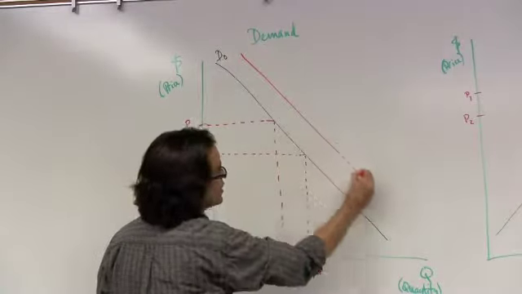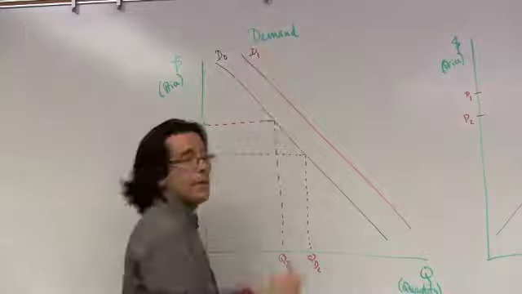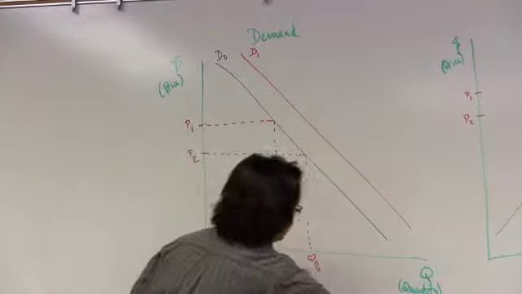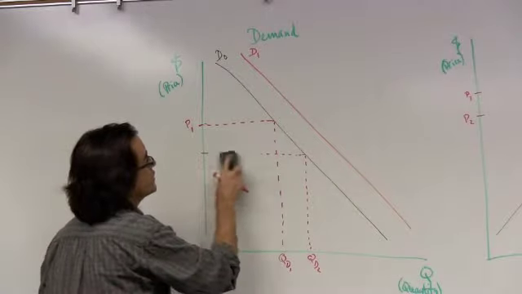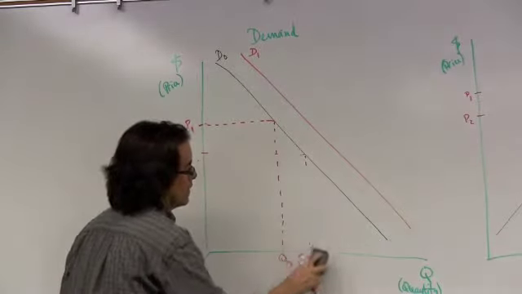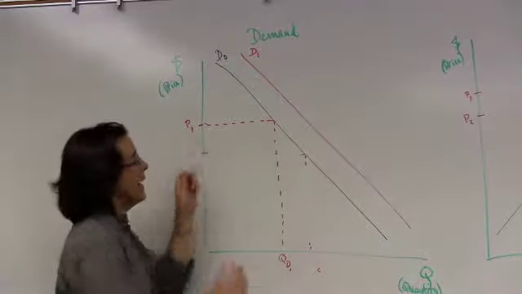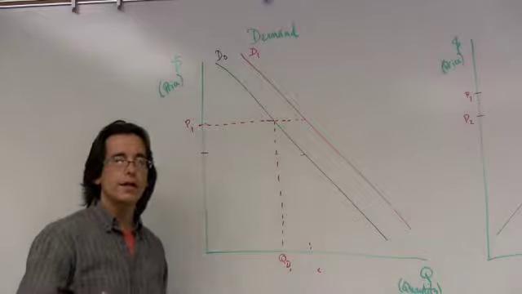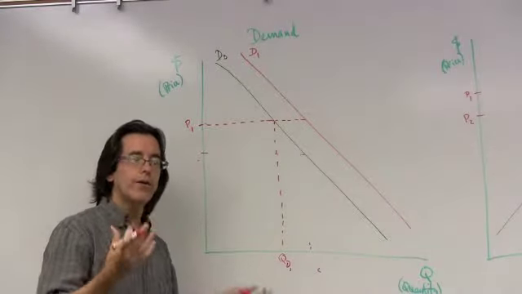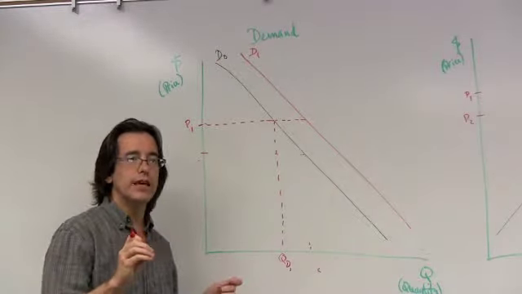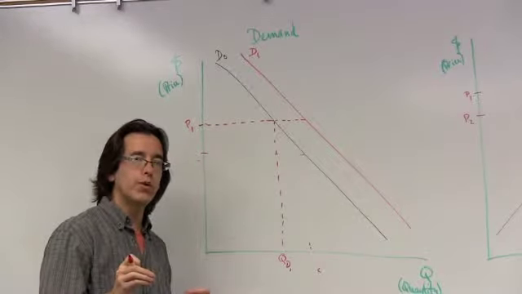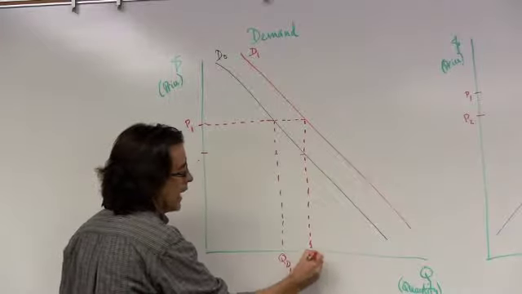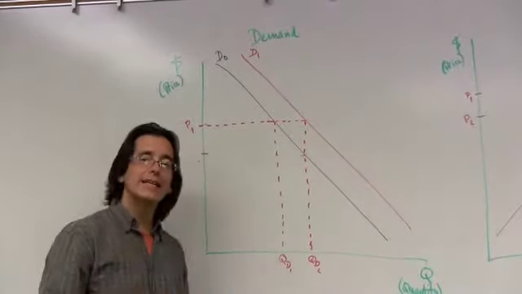So we would see a shift to the right in demand, which means at any given price, so we'll stick with that original price. So at any given price, now because there's more people in the market, even if how they're behaving individually has not changed, there's just more people than there were before, you'll see that at any given price, there's just going to be a greater demand in that market.